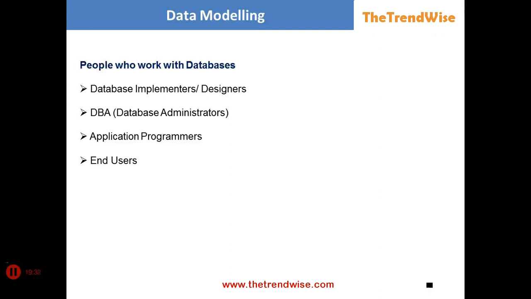And then you have the application programmers. The programmers are the ones who actually build the application. So what is the end purpose of a database? The database that we make, the data modeling that we do, when we create the database, we finally deliver it to an application programmer.